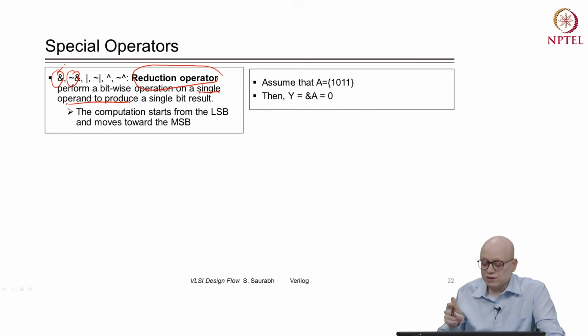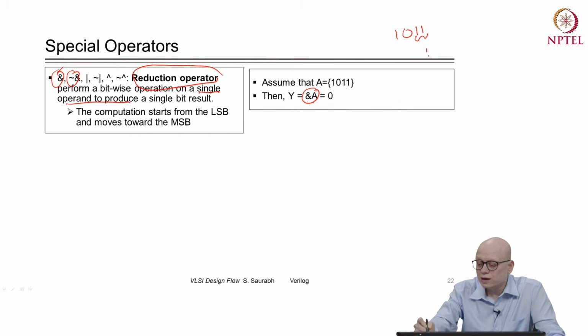For example, suppose A is an operand whose value is 1011. If we write AND A, that is the reduction operator AND over A, it will first take the AND of the LSB 1 and 1, and the answer will be 1.